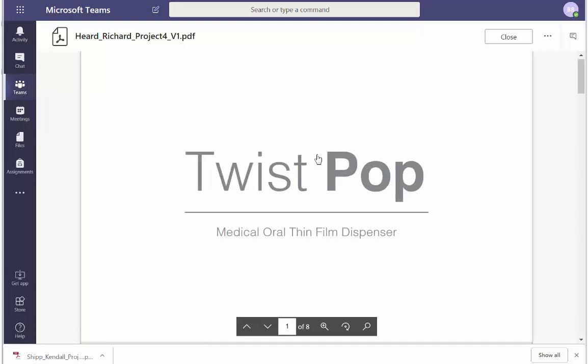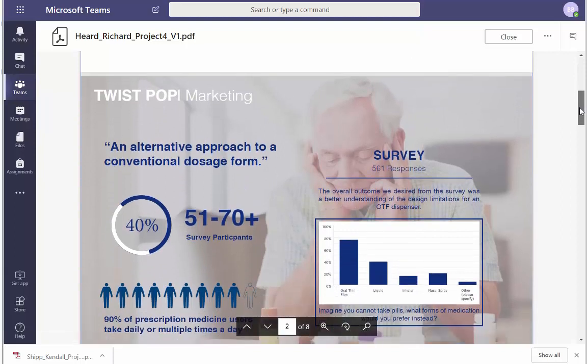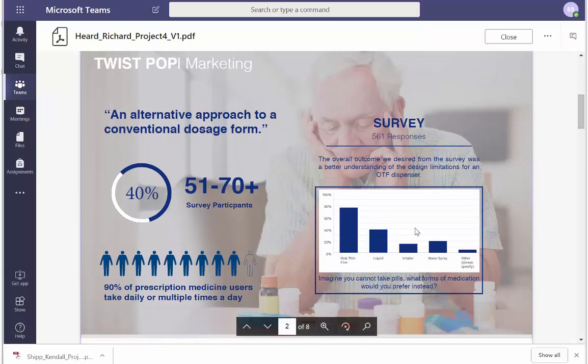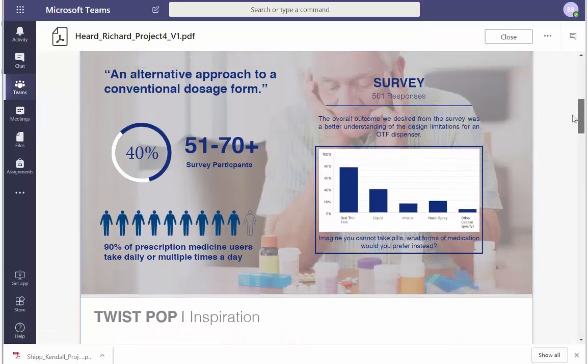Twisty pop. Find another way to show this information. While it is effective, it's ugly, and I don't think you should do ugly. Twist pop.